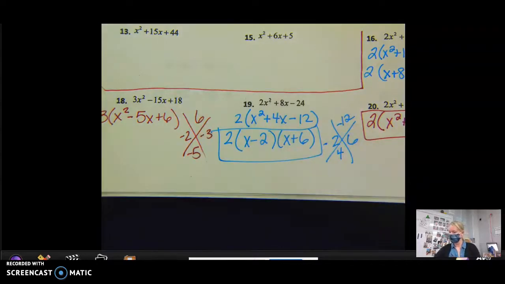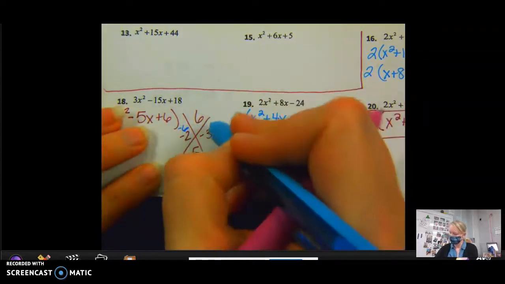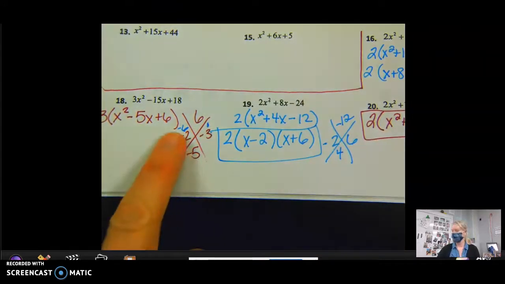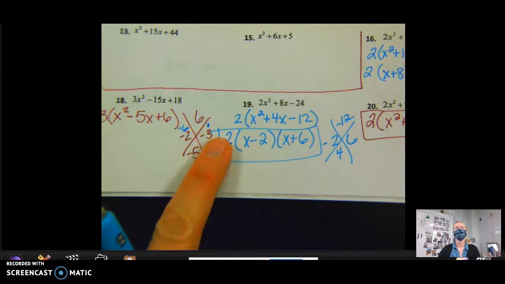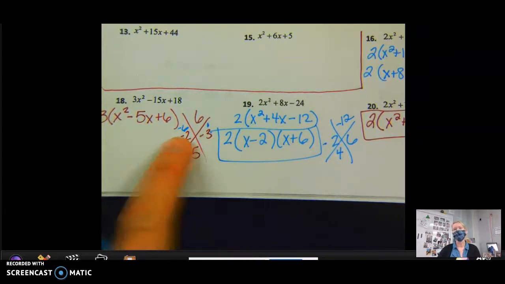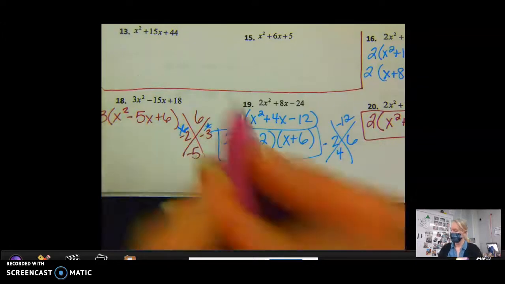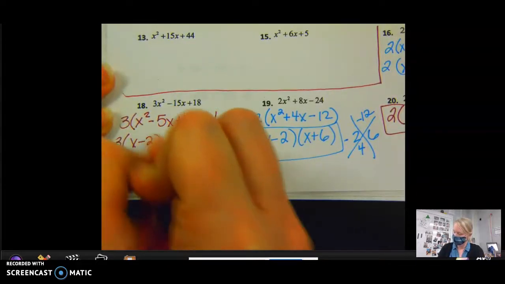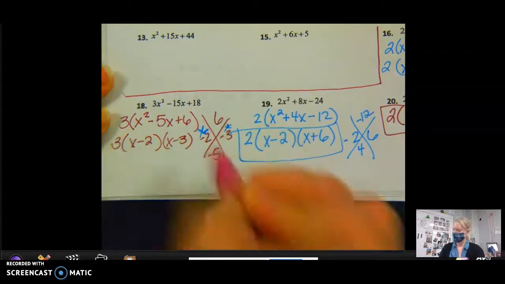So if I put 6 here, I guess it would be a negative 6 and a positive 1, right? To give me this negative 5. Does that work too? Yep, because when I multiplied that, I would get a negative 6. So that one actually would not work. Okay? So, rewrite this. 3 GCF, x minus 2, x minus 3.